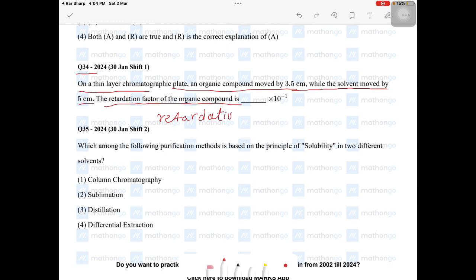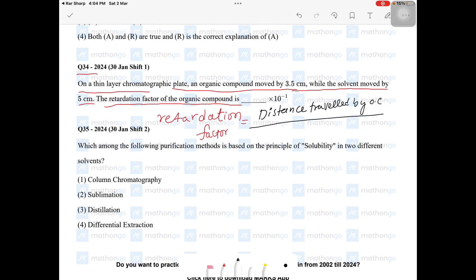Retardation factor formula is distance traveled by organic compound divided by distance traveled by solvent.